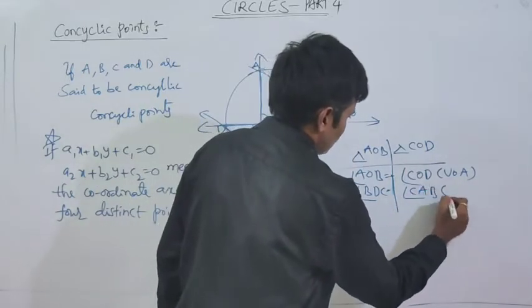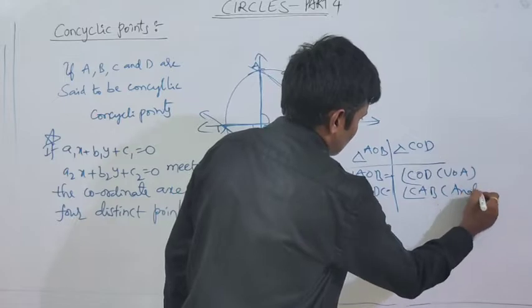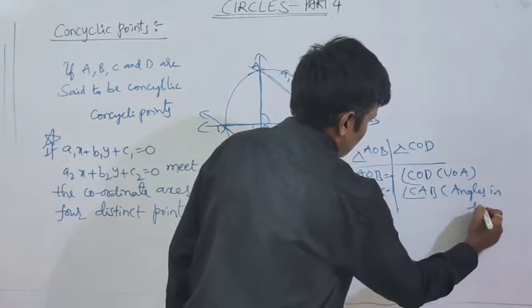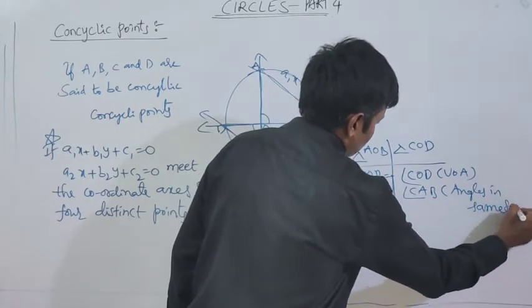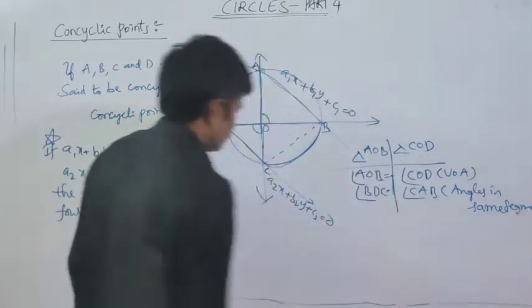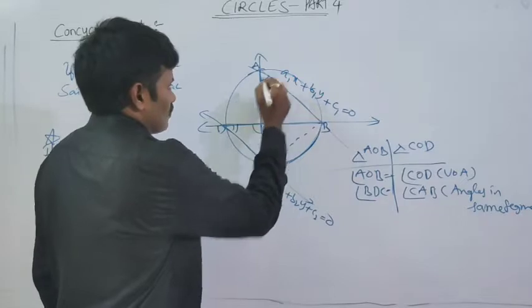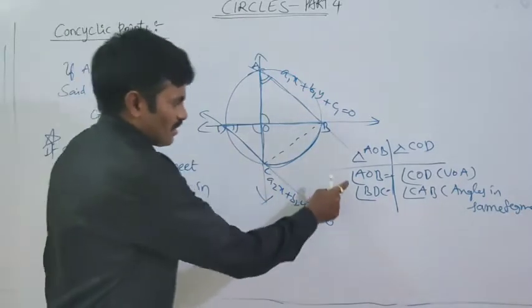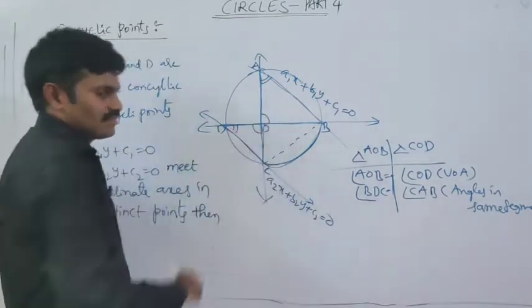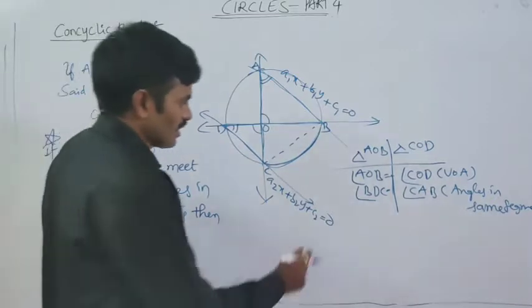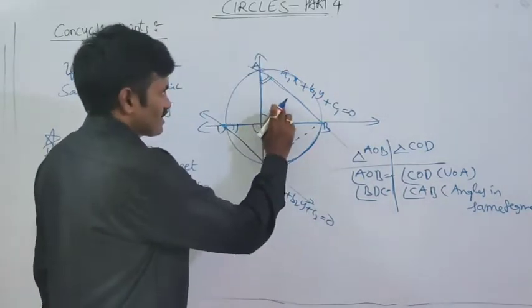The reason is angles in the same segment. Now, according to AA similarity, these two triangles are similar.